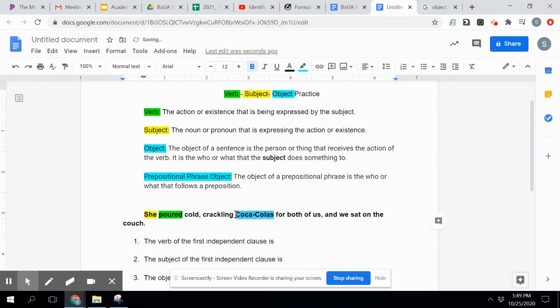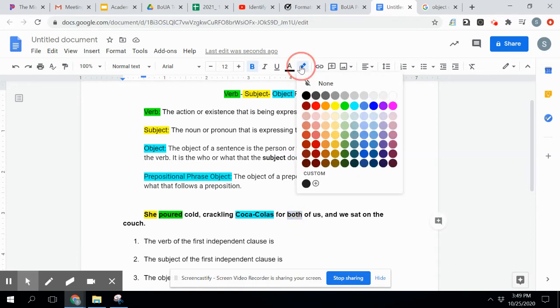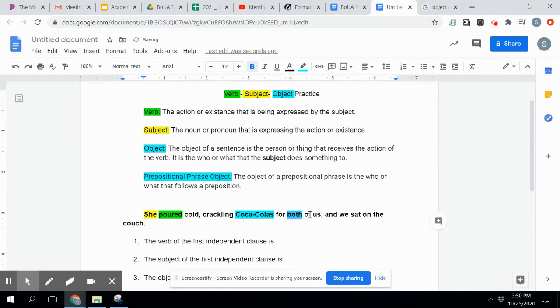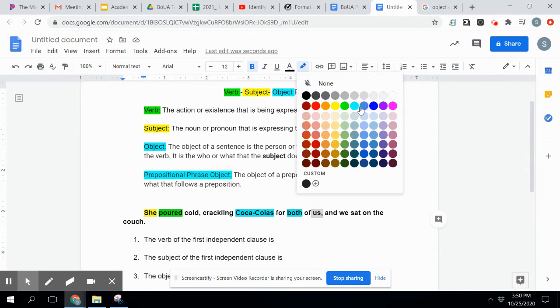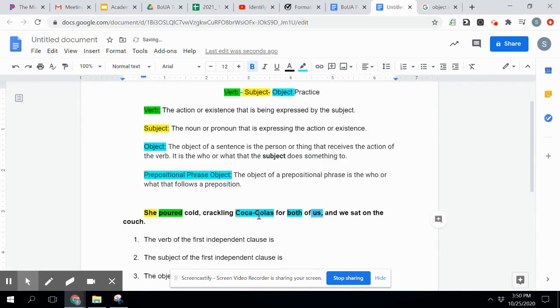But we're not done yet, because right after we have a prepositional phrase, two of them. We have for both of us. So we have the preposition for and the pronoun both. The pronoun both is also an object because it's following the preposition for, and the pronoun us is also an object of a prepositional phrase because it's following the preposition of.